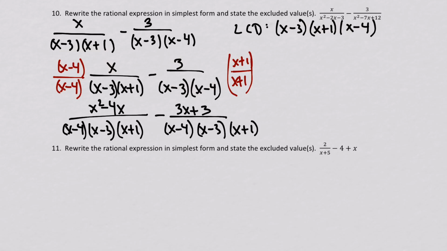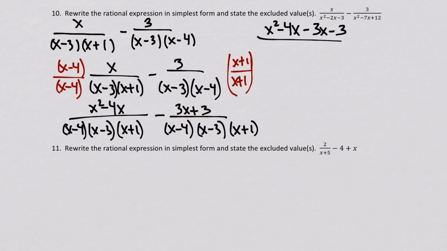Same denominators. Now that they both have the same denominator, I can put them together like this. X squared minus 4x, and here's what you got to be careful, minus 3x minus 3. Because there's a minus here, I have to subtract both of these. So it's going to be minus 3x minus 3.